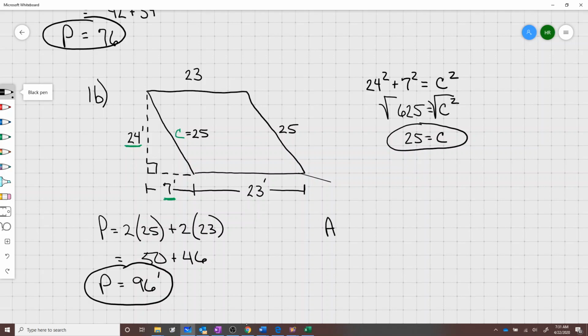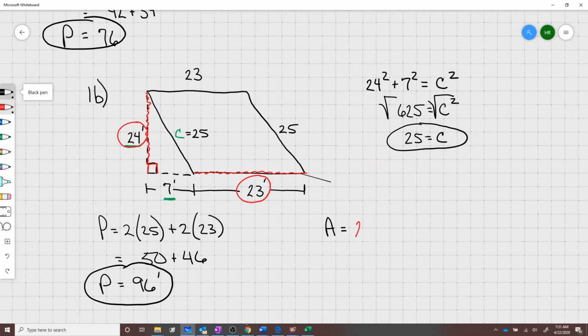The area of the parallelogram is equal to the base times the height. So we're going to use this 23 as our base, and we're going to use this 24 as our height, because this segment and the length of this segment, they're perpendicular to each other, and the base and the height are always perpendicular.